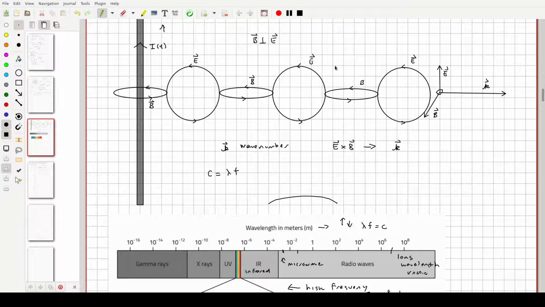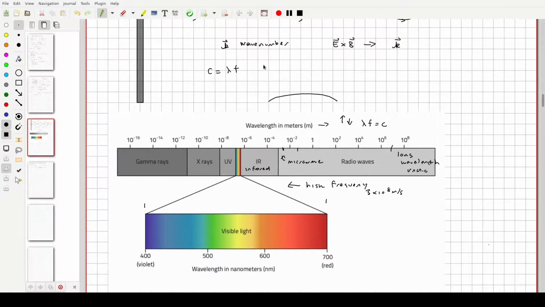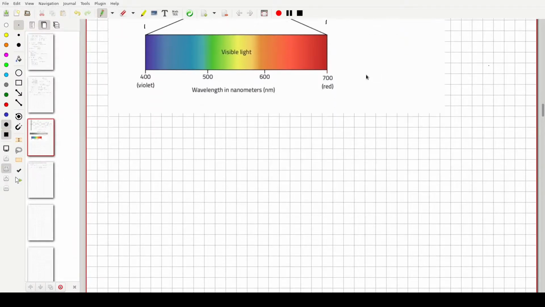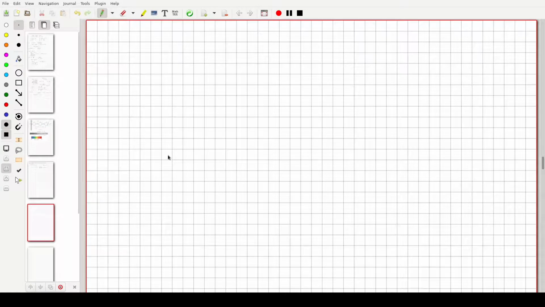If you're more interested in things like that, what I would do would be to take possibly a modern physics class or an astronomy class where they go into the creation of light in great detail. Now, that said, what I would like to do now is to talk about the energy that's inside that light. Okay?